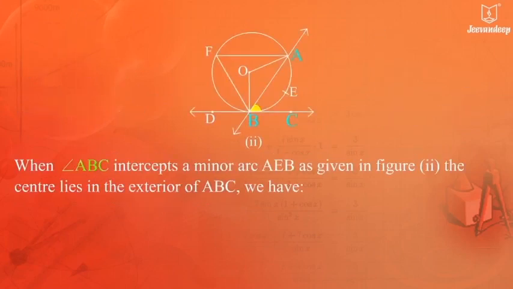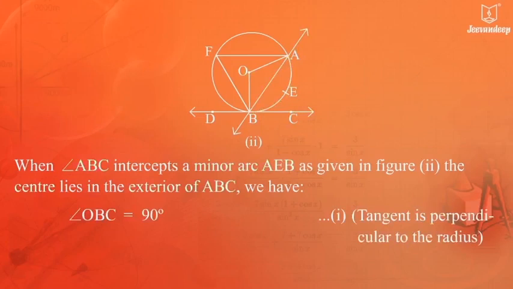When angle ABC intercepts a minor arc AEB as given in figure 2, the center lies in the exterior of angle ABC. We have, according to the tangent radius theorem, angle OBC equals 90 degrees. Equation 1.